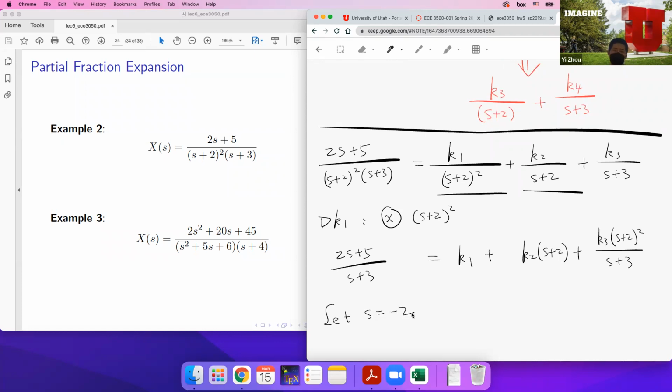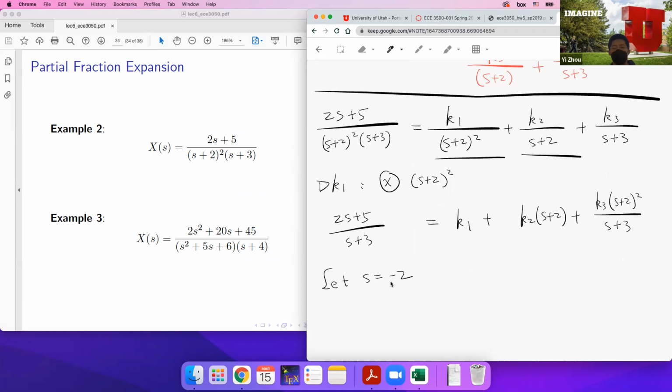At the root, which is s equals -2. Now, when s equals -2, you will see this becomes 0, this becomes 0. So these two terms become 0, because there is at least one factor of s+2 in the numerator, which makes them vanish.